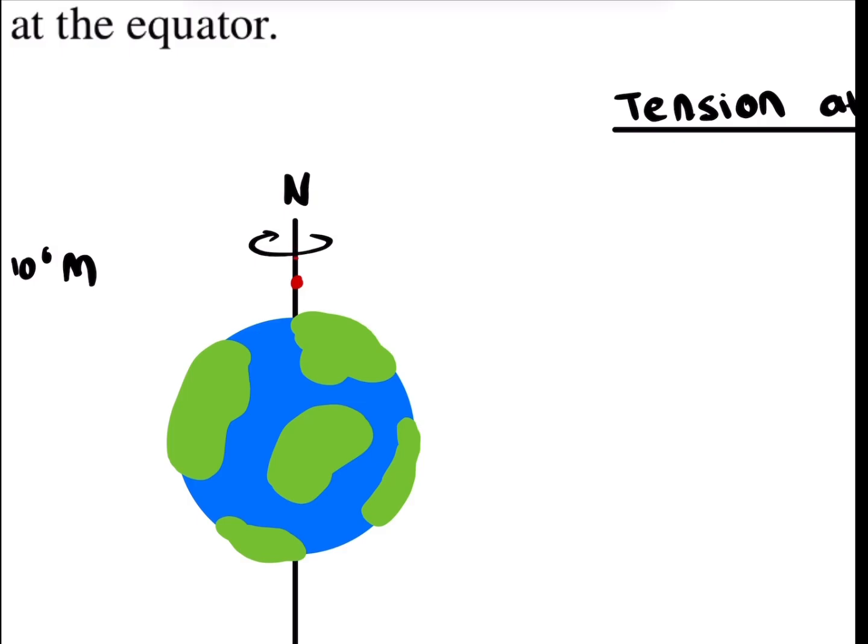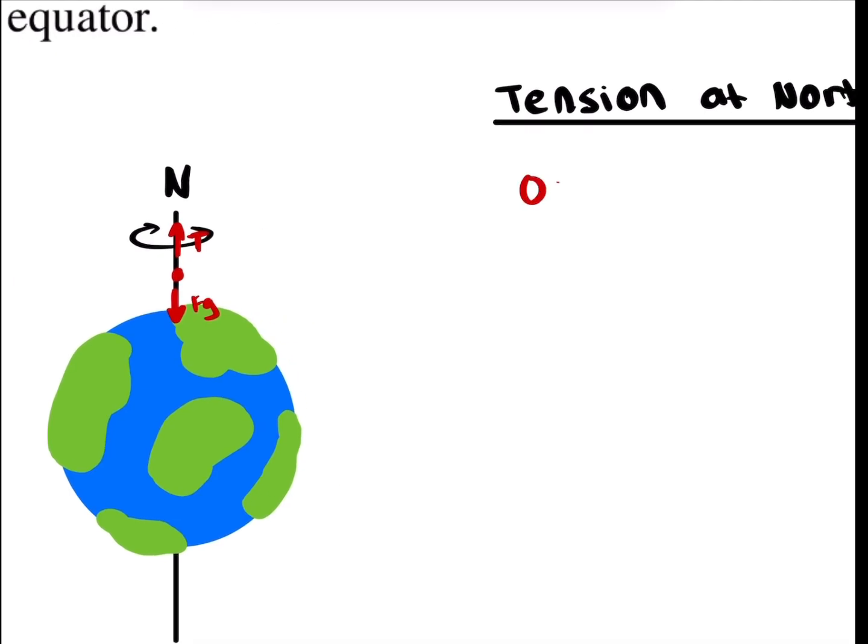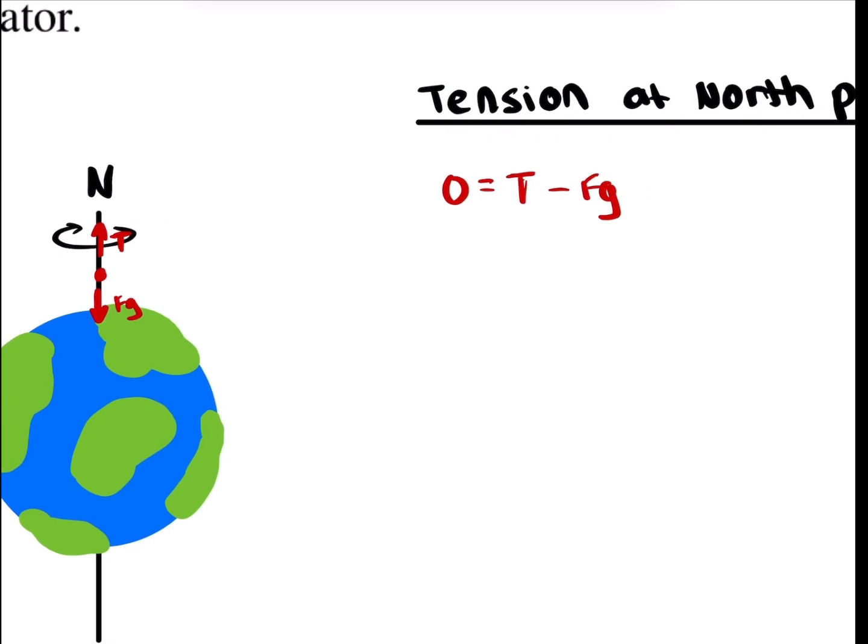So in that case, the free body diagram is simply going to be gravity pointing down and tension pointing up. Now, assuming he's hanging from rest, the two forces acting here are tension, positive because it's pointing up, and gravity, negative because it's pointing down.